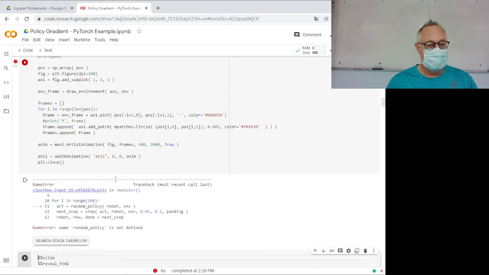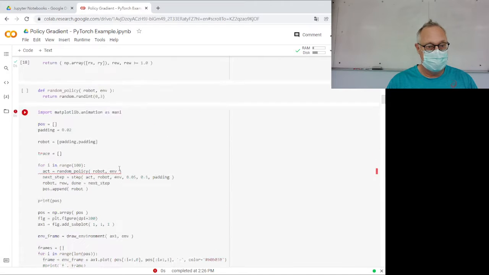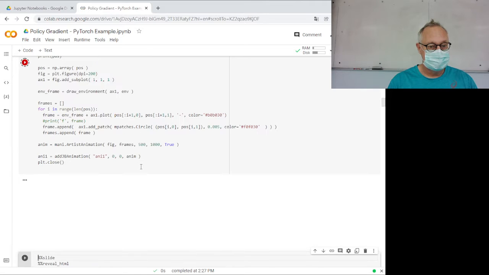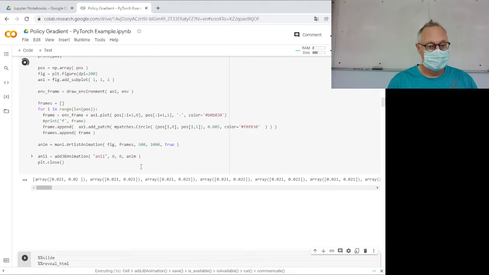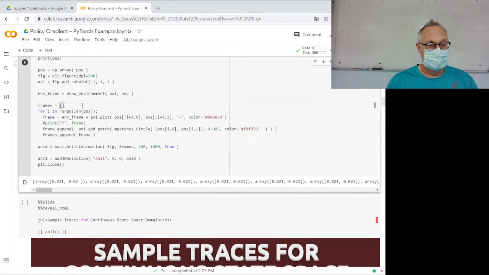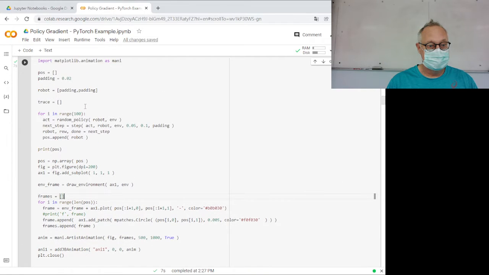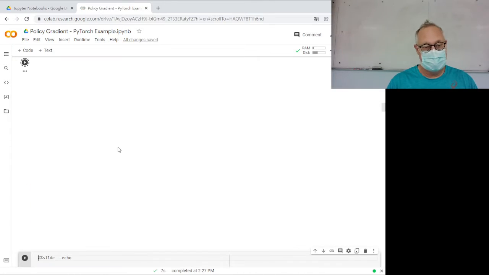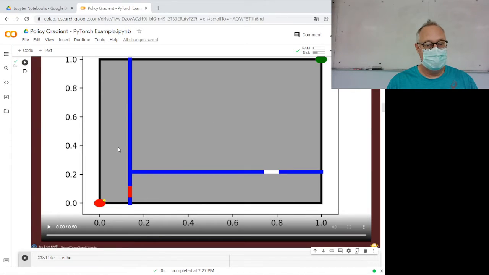So then we can evaluate the policy. We go through a bunch of positions, steps in this case, and then we can trace the policy.